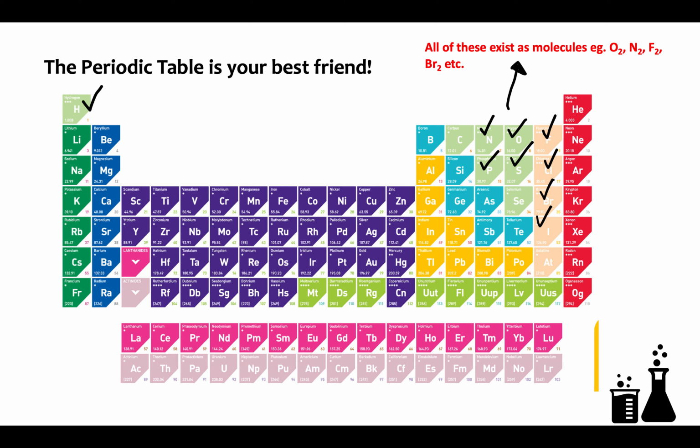They are elements, but they are special elements because they exist as molecules. And the rest of the elements in the periodic table do not exist as molecules. So that is just something that you've got to memorize.